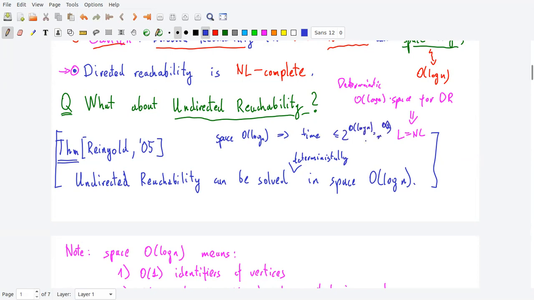Okay, thanks. Because the algorithm has no more than a polynomial number of different configurations of what is happening in the working space. So if it used more than polynomial time, it would automatically loop. And this is a classic argument from complexity theory. Good. Any other questions?